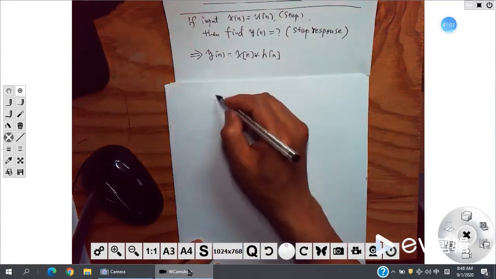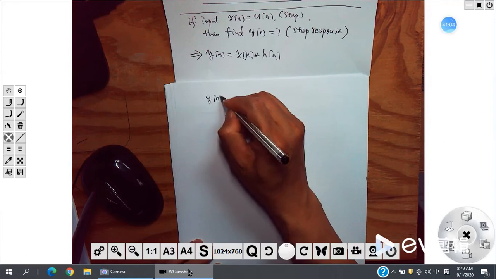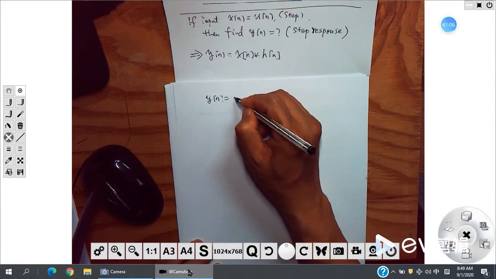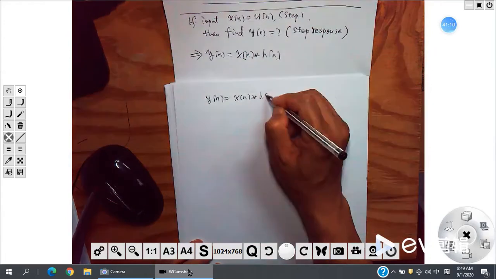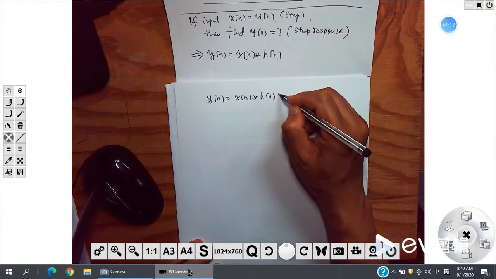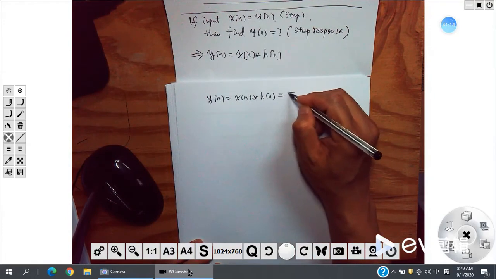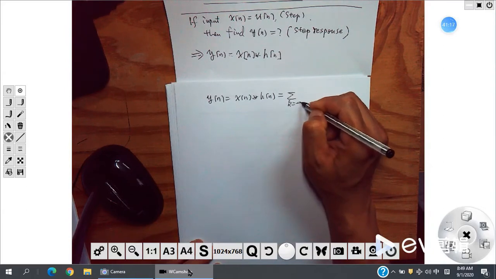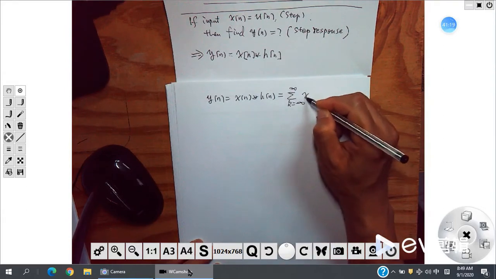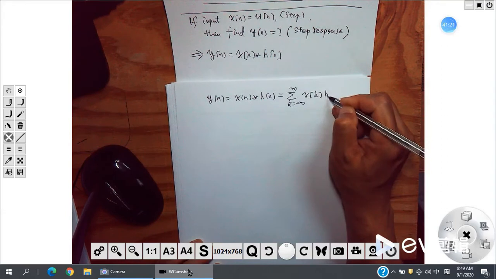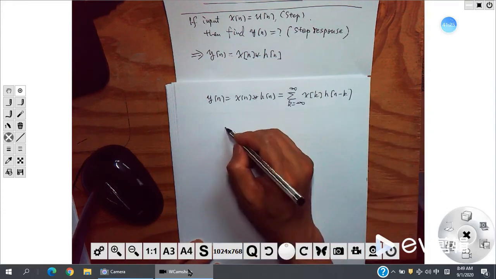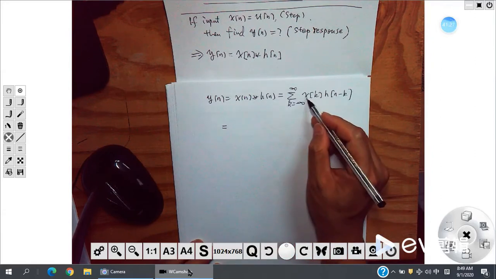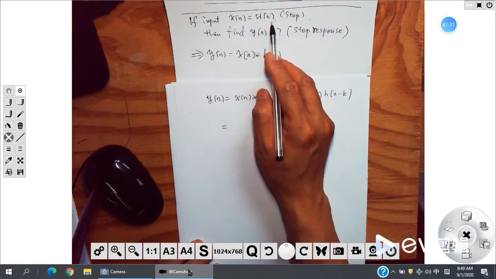Okay, so y of n equals x of n convolved with h of n. By definition it is the summation over all k of x of k times h of n minus k. Now we plug in. For x of k, it is u, the unit step.